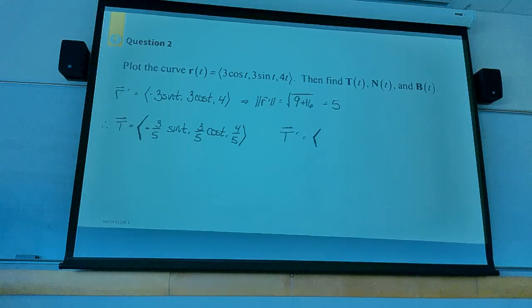Thankfully, this one is easy. Shouldn't be difficult to see what that length is.